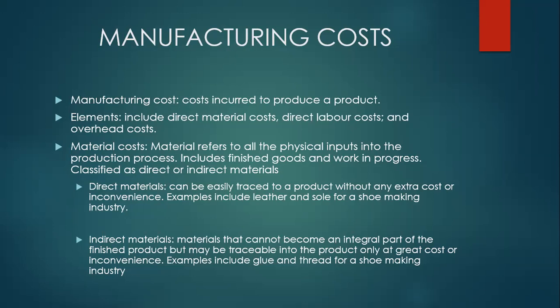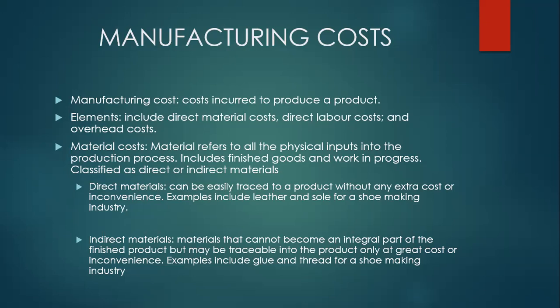So his work is not directly associated with their product. So that becomes an overhead cost. And then also you can have an administration where after the goods are produced, the administration will take care of things like distributing the products to customers. The cost of paying their salaries become what?